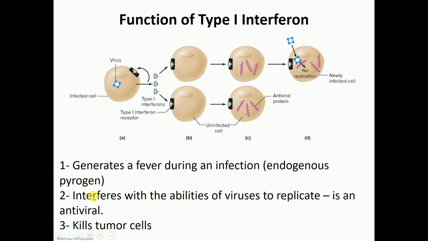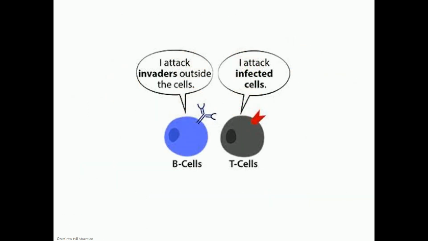It is the signal being sent out to the healthy cells to prevent the viruses from being able to replicate in them. And that's why we consider an interferon an antiviral, and it also kills tumor cells. Now that brings us to the next topic, which is the adaptive immune system.